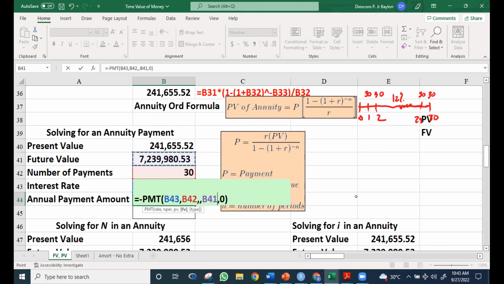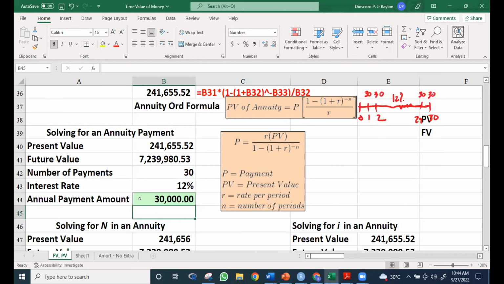Because you do not have actually 241,655 now, and then another 7,239 after 30 years. Okay, these are just one cash flow, either 241 now or 7,239 at the end of 30 years, or 30,000 annuity. Okay, so if we answer this, I'll get 30,000.